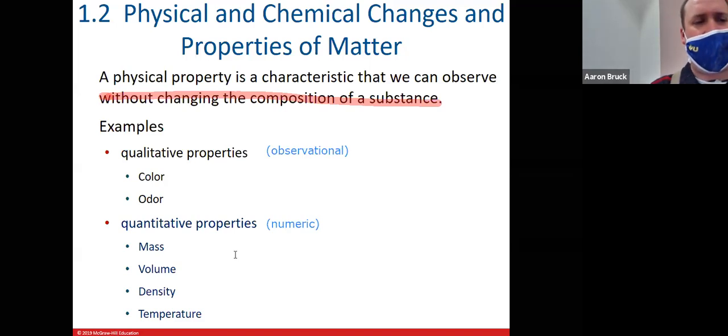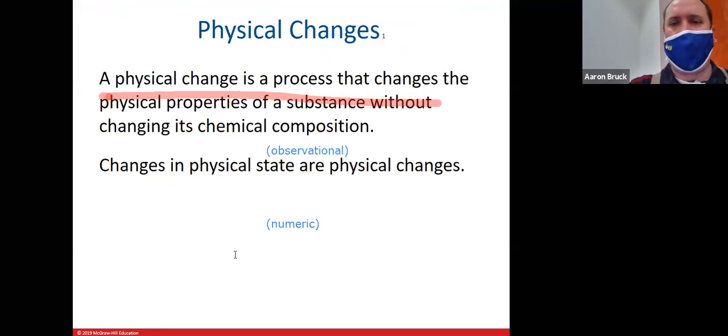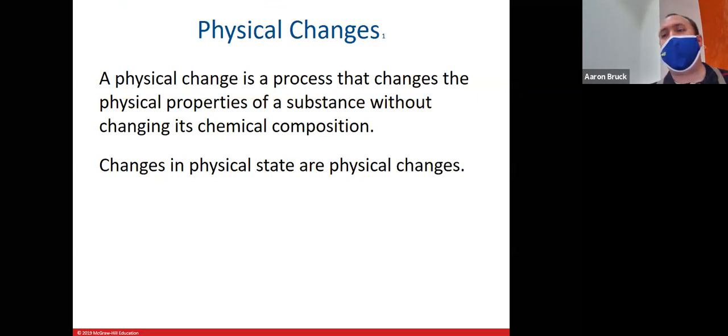On the flip side, when we describe physical changes, they fall into this same kind of definition. Physical changes are those that we can observe without changing the substance itself.